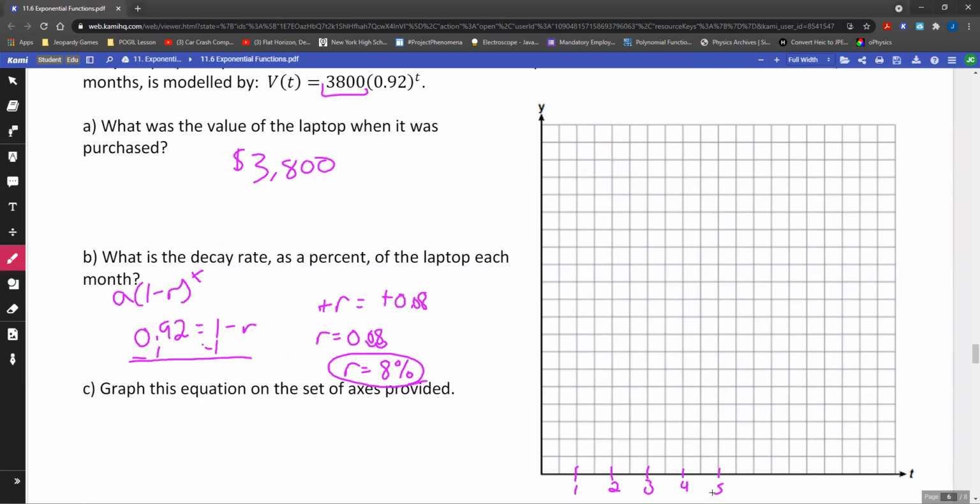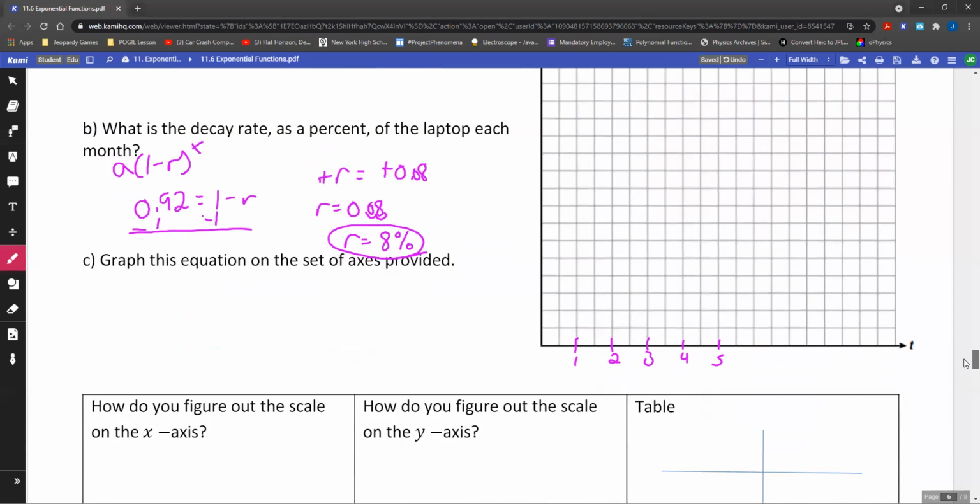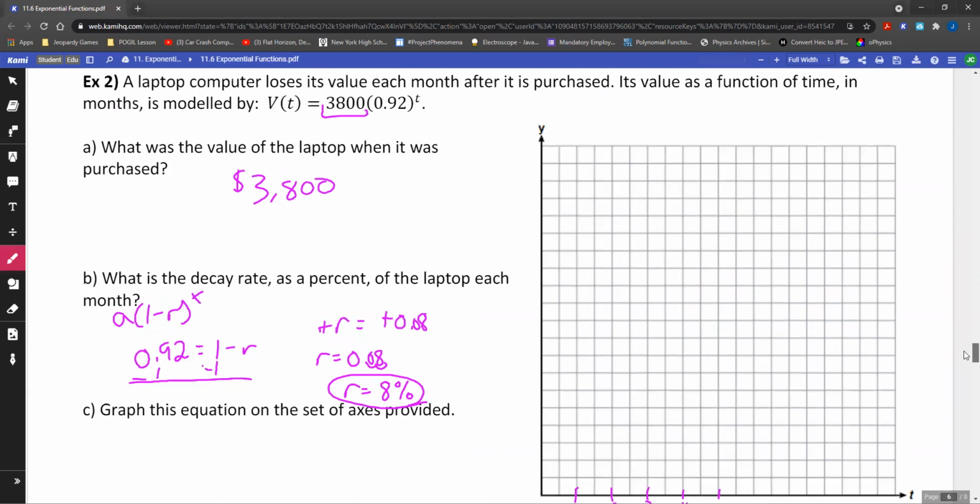I'll only do up to 5. I guess I'll do it to 5. And then over here, I'm going to have to go all the way up to 3,800.